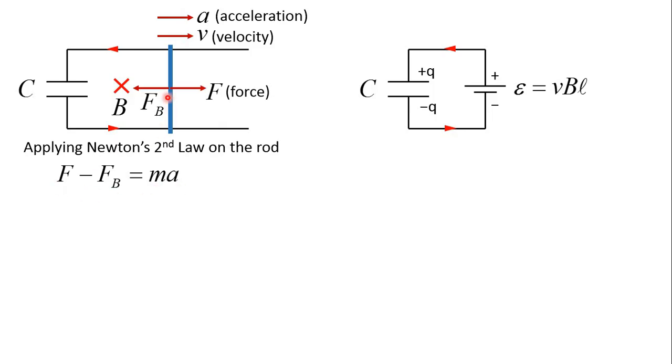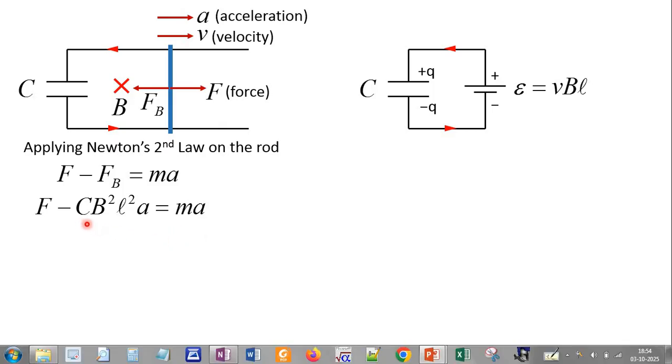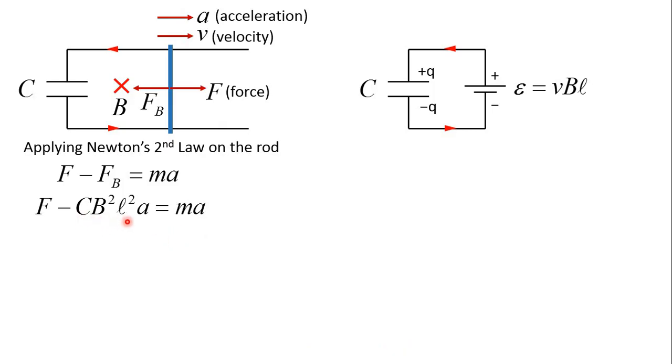Please note once again, the two forces are acting on the rod, but acceleration is in the rightward direction, so rightward force F must be larger than the leftward force FB. So F minus FB net force is equal to mass into acceleration. Then on the previous page we already found the formula for FB, which is CB square L square A. So substitute here.